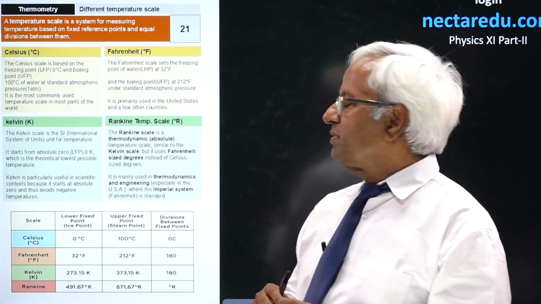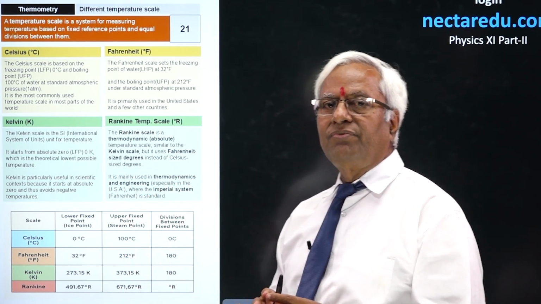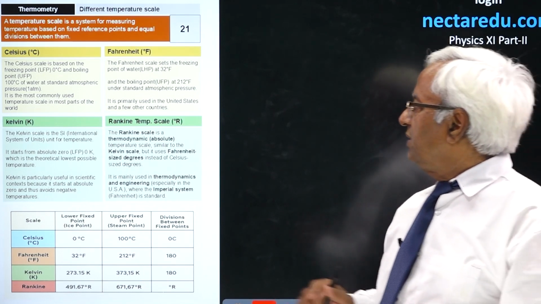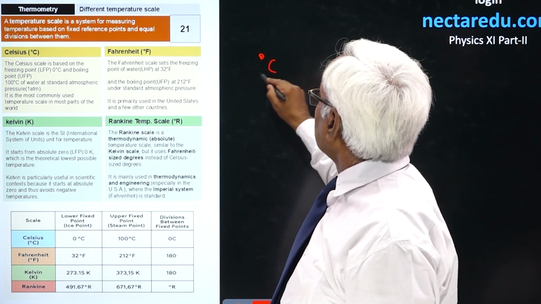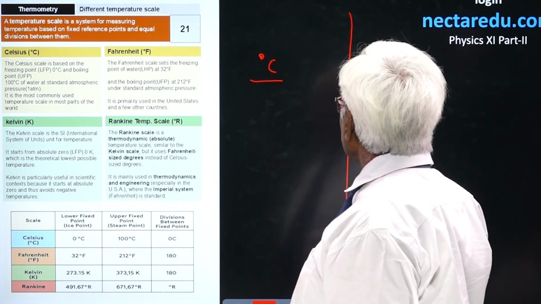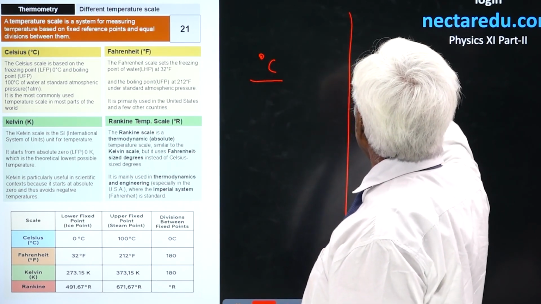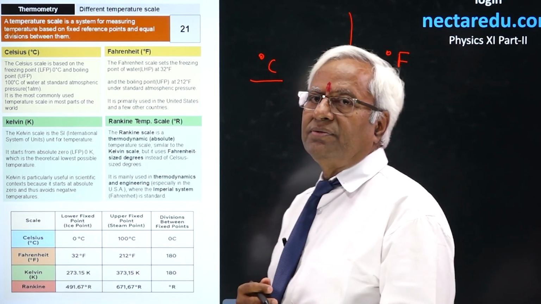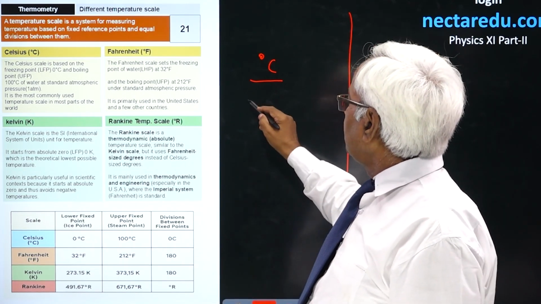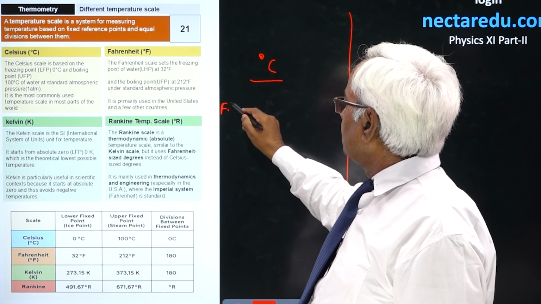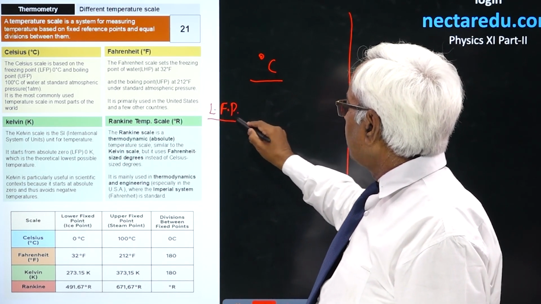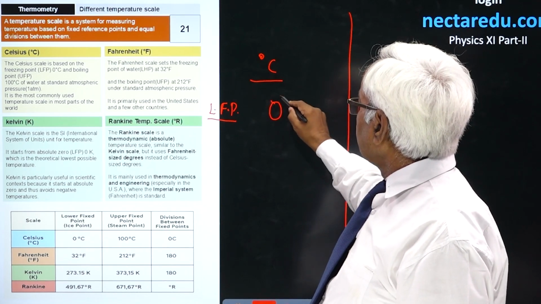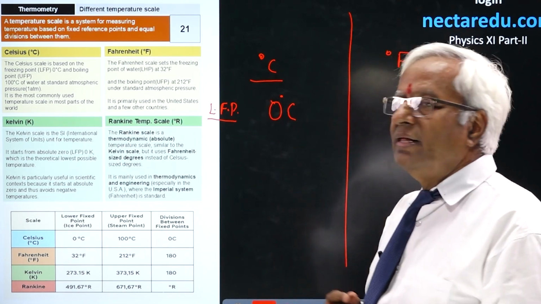Two scales were designed, Celsius and Fahrenheit. In Celsius scale, it's degree C. Parallel scale was Fahrenheit. Here freezing point, that is lower fixed point, was taken as 0 degrees Celsius.